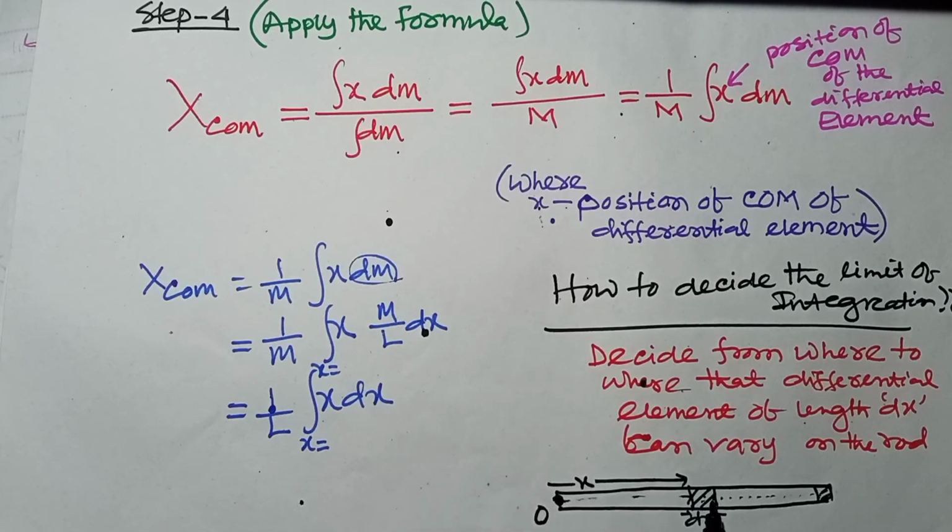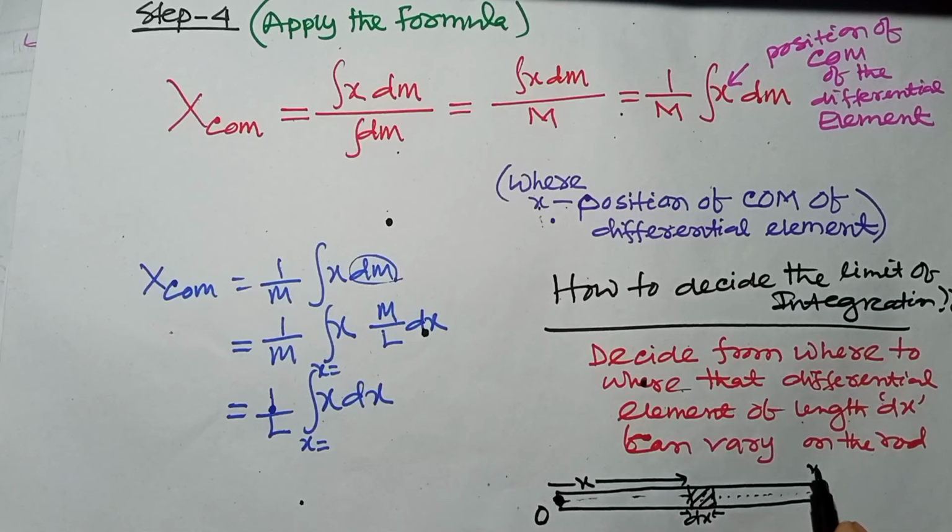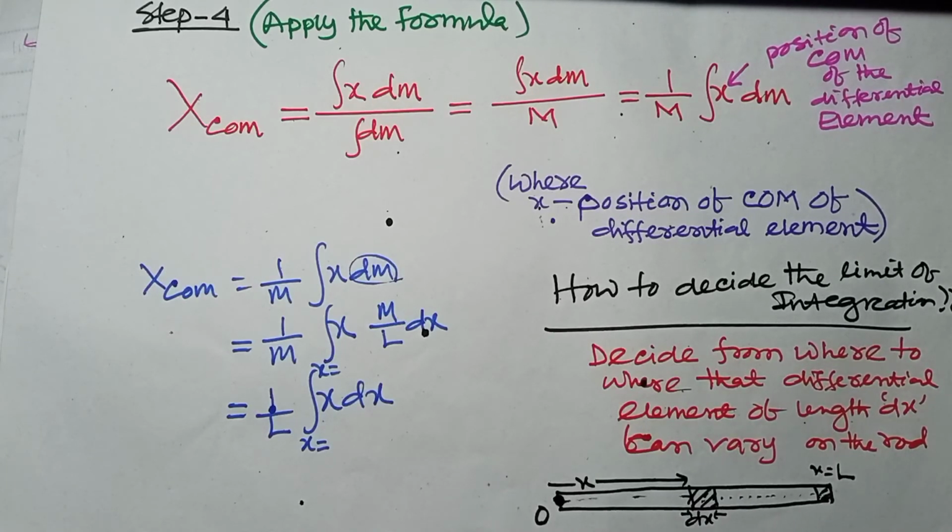When this differential element is at this end, the value of x will be L. Again, since the differential element can be anywhere in this rod, it can vary from this to this.